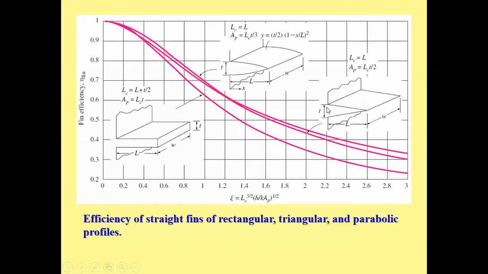The t is at the base here, right? This is actually the same, this is also at the base, the t. Whereas for parabolic profiles, the Ap is equal to Lc times t divided by 3.